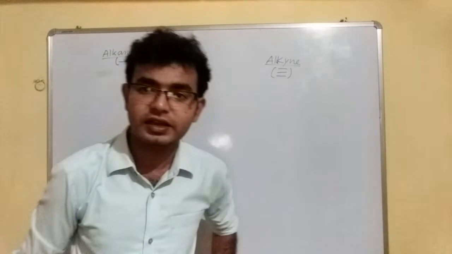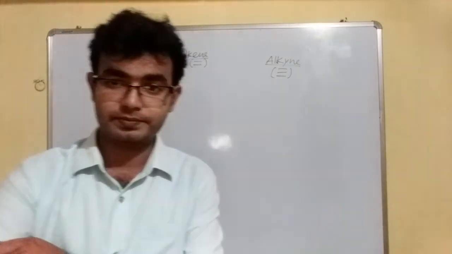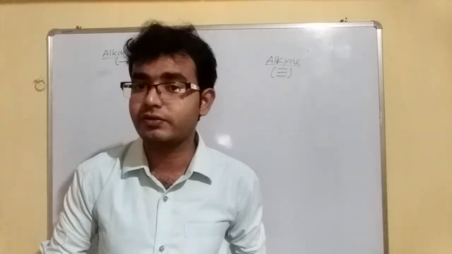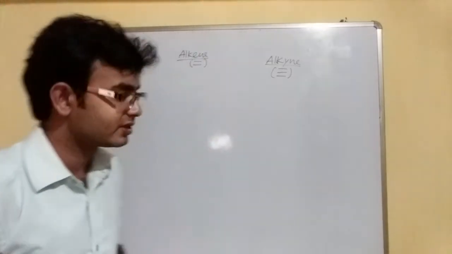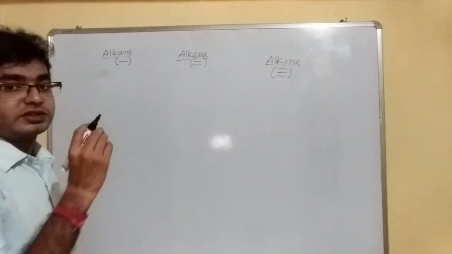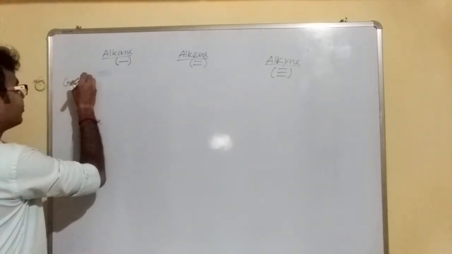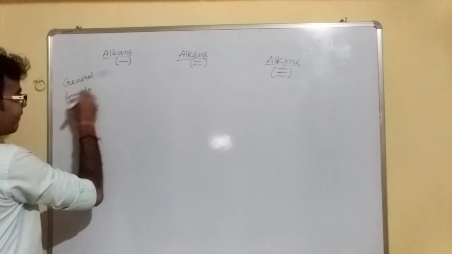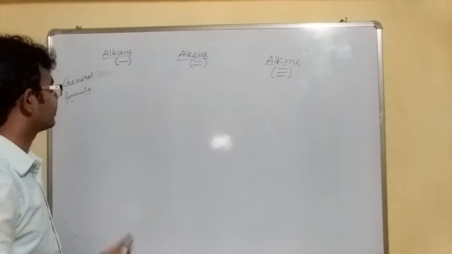Now my question is, suppose the structure is not given, then how will you be able to identify that? Suppose the formula is given, number of carbon, number of hydrogen, these are already given. So let me discuss the general formula of alkane, alkene or alkyne.